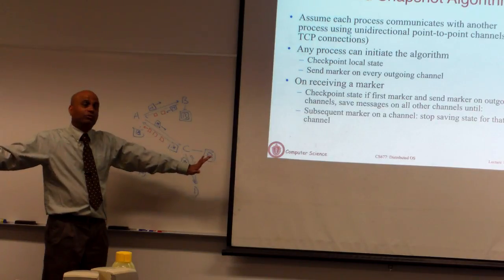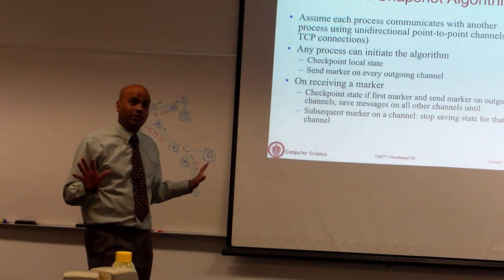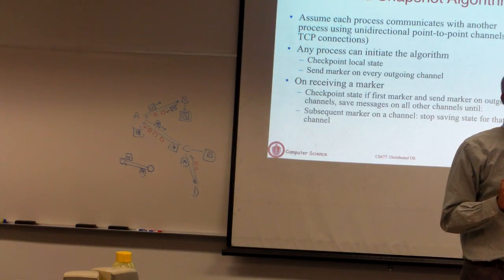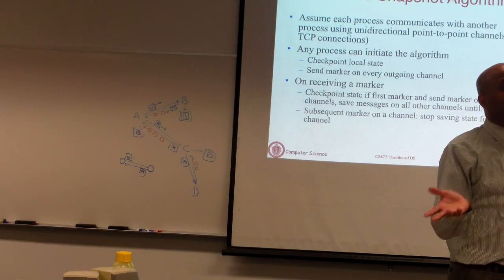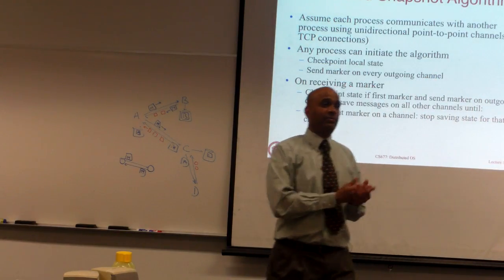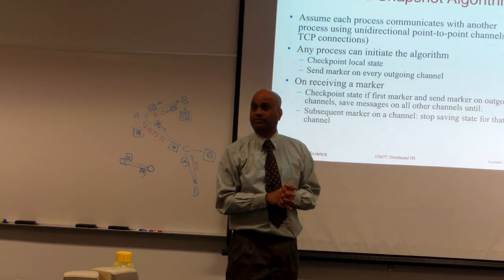You just end up with two saved states for two different checkpoints that are completely independent from one another. So you don't confuse marker messages. You mark the marker message with a snapshot ID. It will get around the problem of concurrent snapshots that were started by independent processes. So that's a simple thing to deal with.